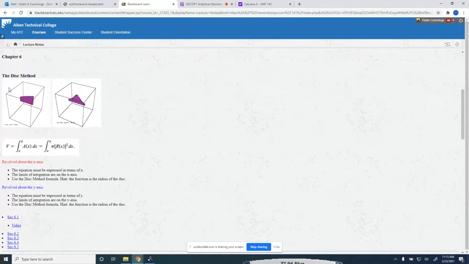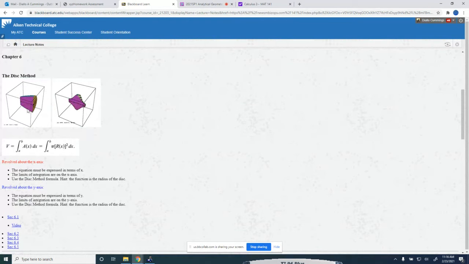But we're going to talk about the disk method, and I've provided an applet that shows what a solid of revolution is. If you take a look at this disk method, basically we have some curve or some function, and we take that function and we rotate it, in this case, about the x-axis.